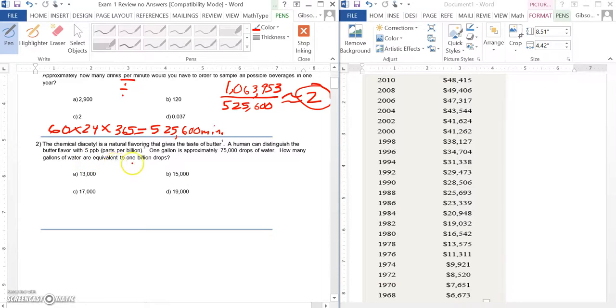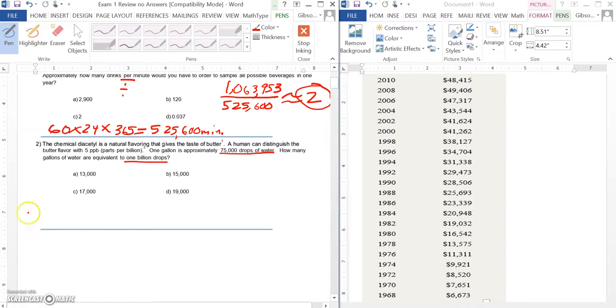How many gallons of water are equivalent to 1 billion drops? Okay, so what we will need to do is divide, because what we have here is that 1 gallon is 75,000 drops of water, and we want to know how many gallons of water are equivalent to 1 billion drops.